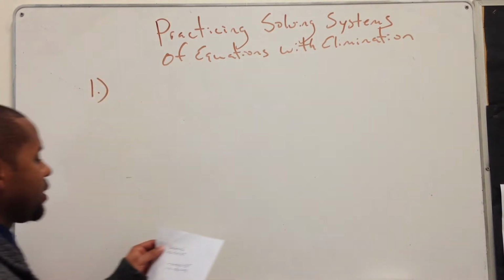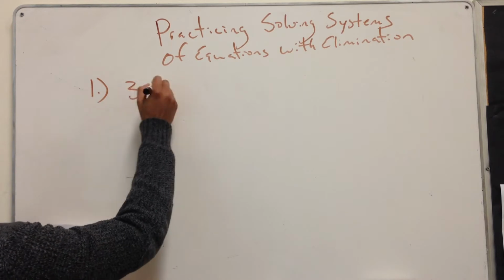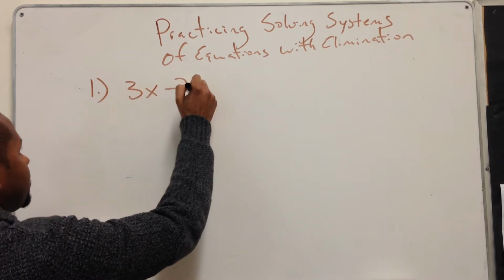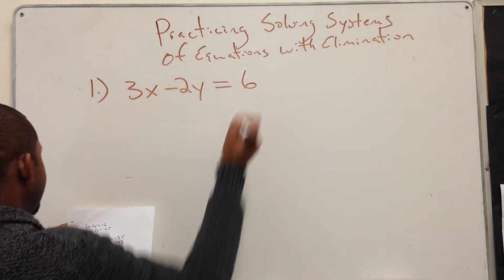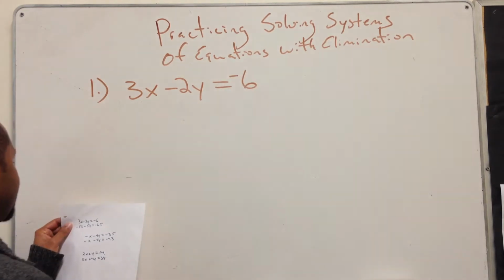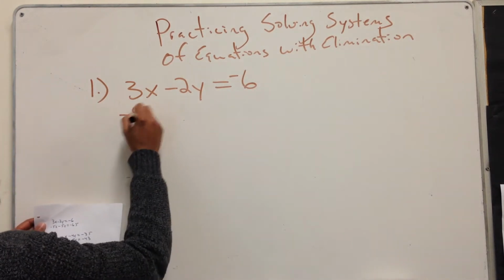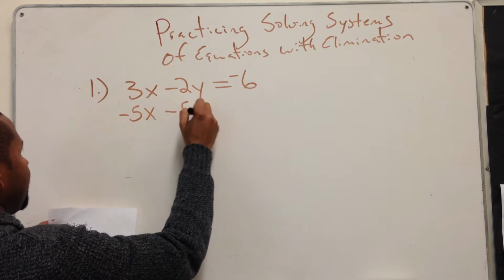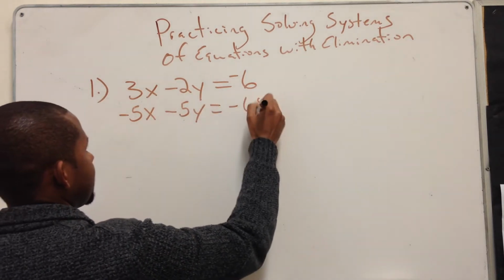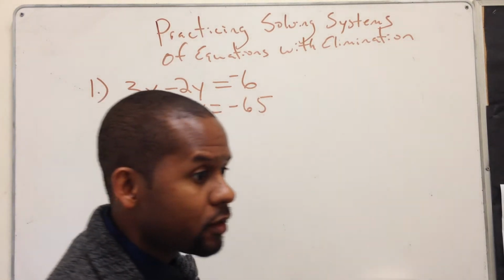So, the first practice problem says 3x minus 2y equals negative 6, and negative 5x minus 5y equals negative 65. Okay?